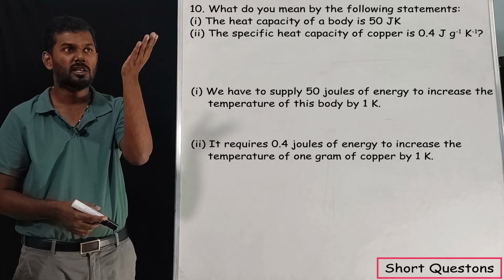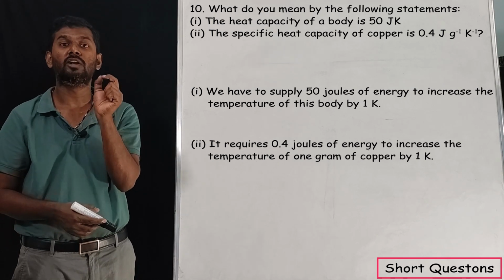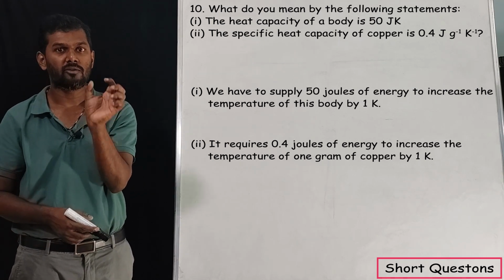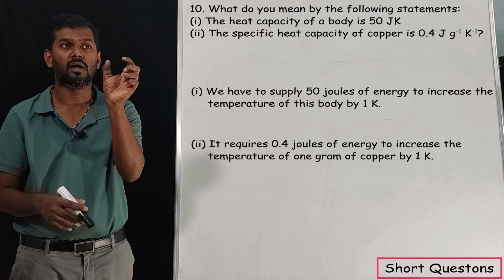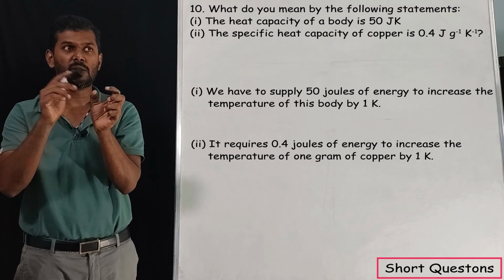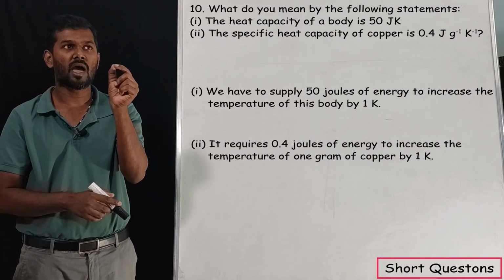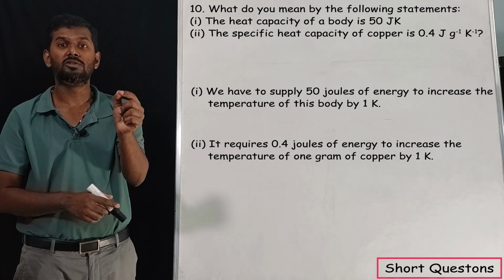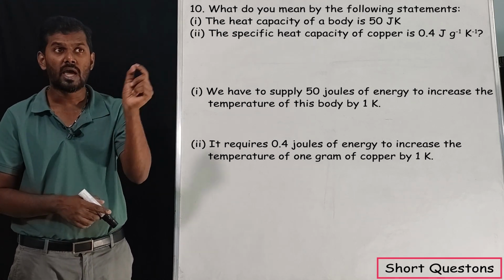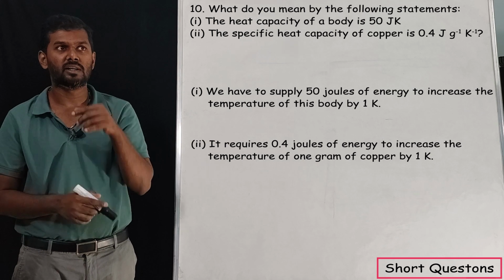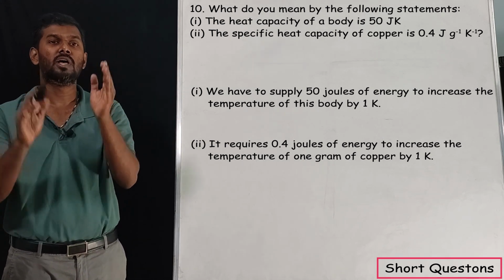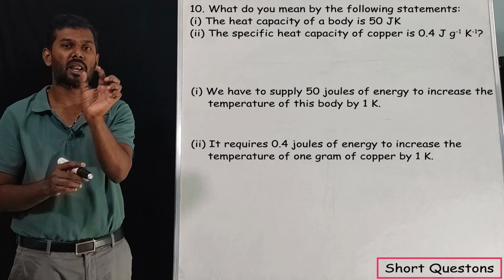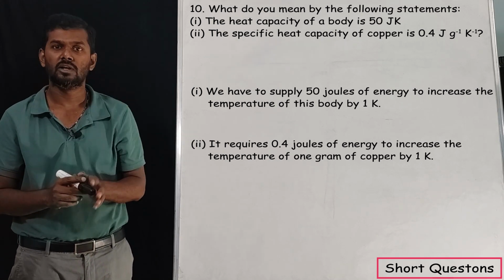So whenever specific heat capacity comes, you need to use that word 1. If you don't use that word 1, you are not going to get marks, because 1 gram or 1 kg depends upon the unit. If they have given 0.4 joules per kg, then you have to use 1 kg. Here they have given 0.4 joules per gram, so we have to use 1 gram. 1 gram is the key word in this question.